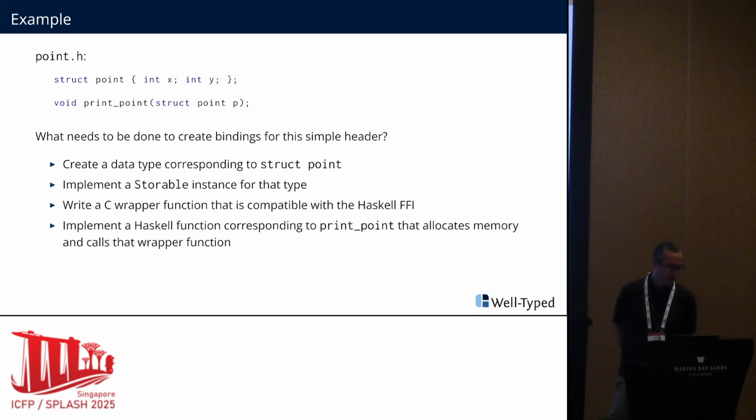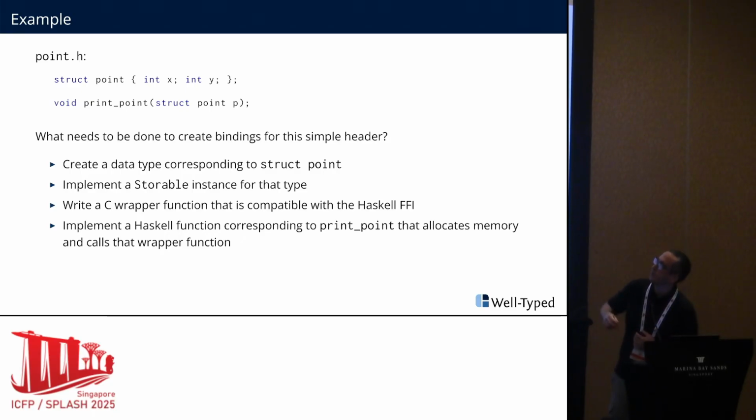First, you have to have a data type that corresponds to struct point. You have to implement a Storable instance for that type so that you can marshal the memory between the Haskell and the C world. You have to write a C wrapper function that is compatible with the Haskell FFI. Here, you'll notice that print point passes a struct point by value, and the Haskell CFFI requires passing arguments by reference.